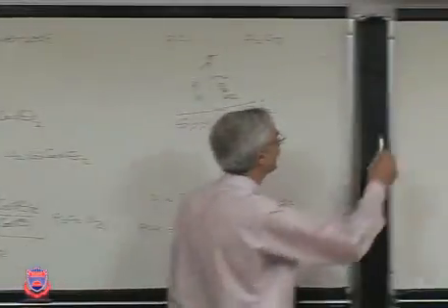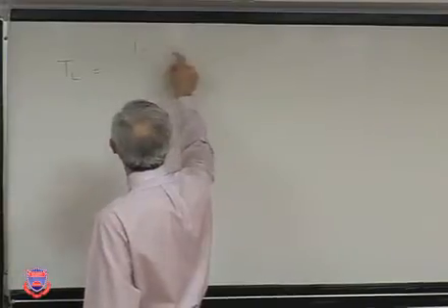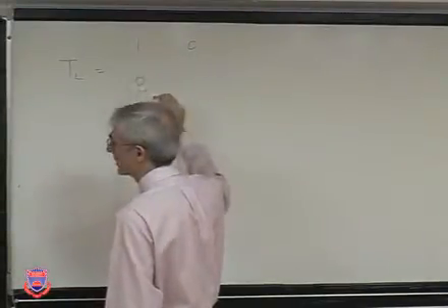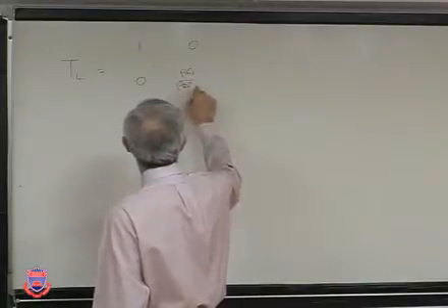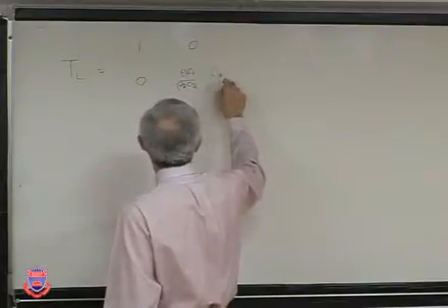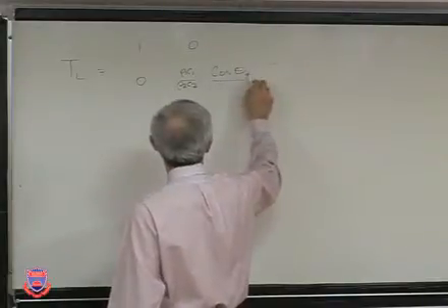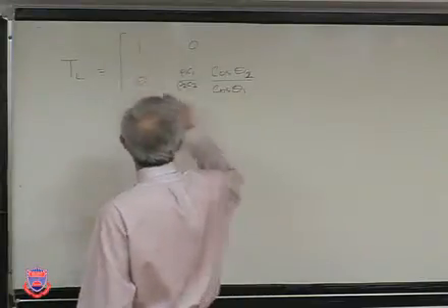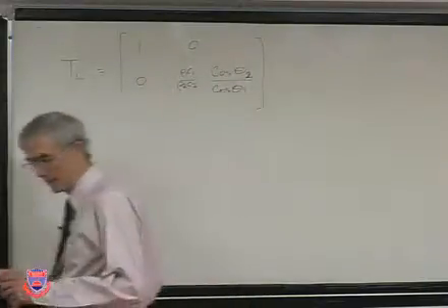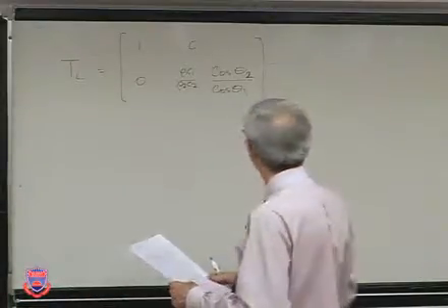Okay, so for the layer, we would have 1, 0, 0, and rho 1 C1, rho 2 C2, cosine theta 1 divided by, sorry, theta 2. Let me see if that's what I have. Yep.